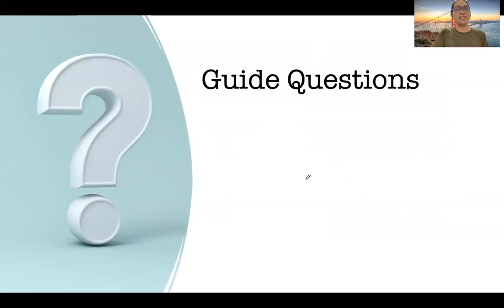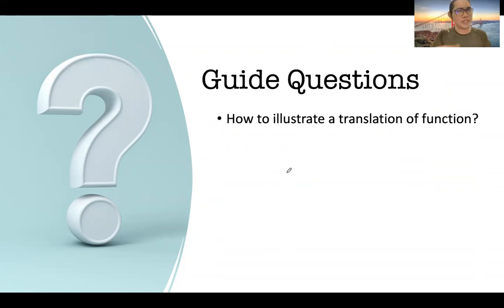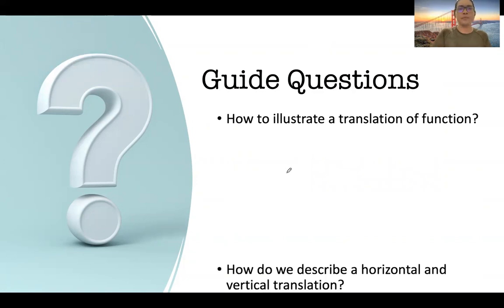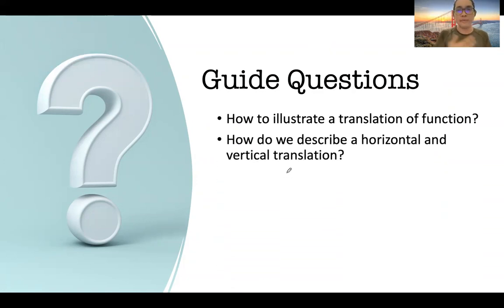So that you will be guided more, please be guided with the guide questions. I want you to find the answers while we are in our discussion for this session. How do we illustrate the translation of a function? That's the main thing. How do we describe a horizontal and vertical translation?